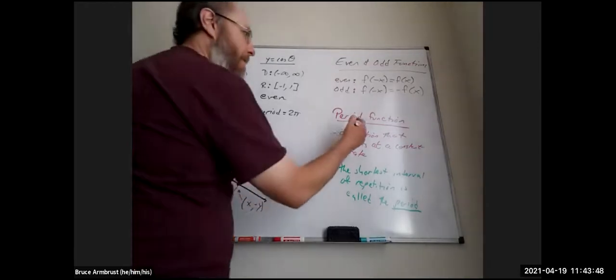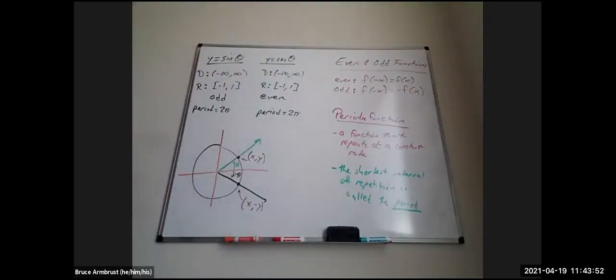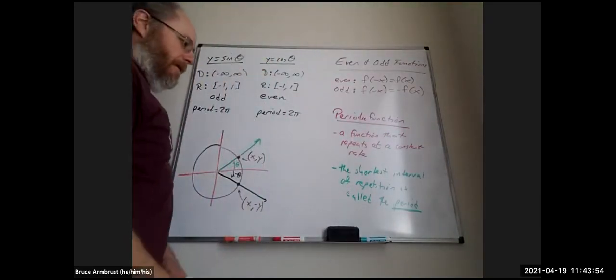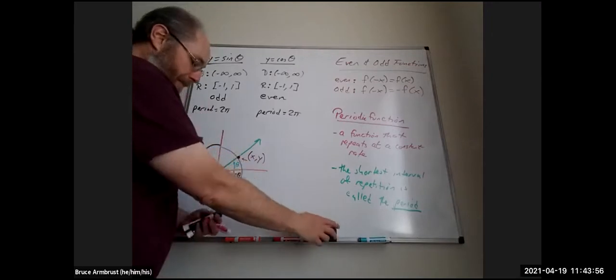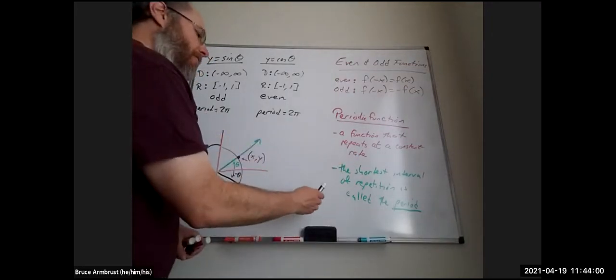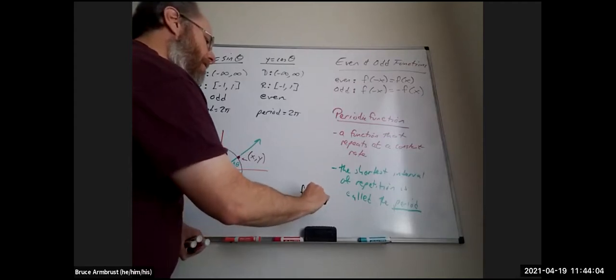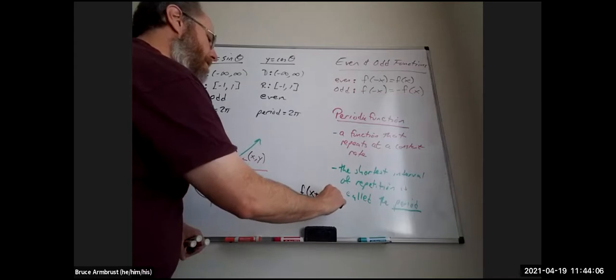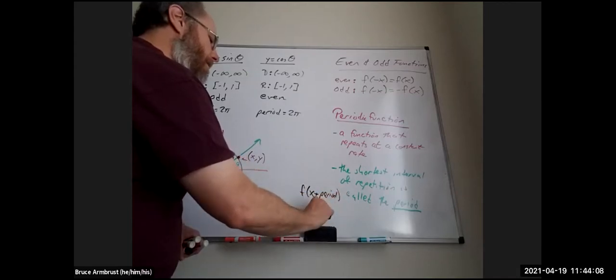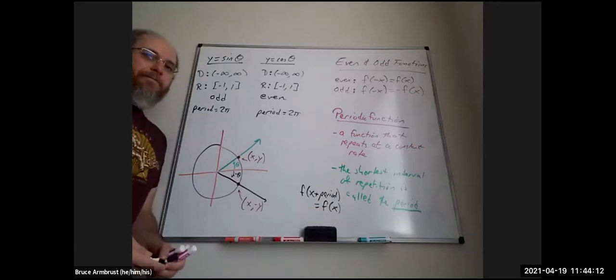I wrote here "period function." I was supposed to say periodic. Sorry about that. Periodic function. Now, mathematically, what we write when we want to talk about a periodic function is that f of x plus the period equals f of x, right?